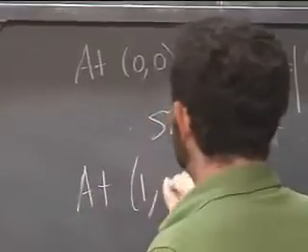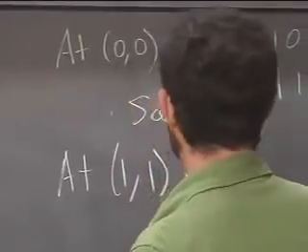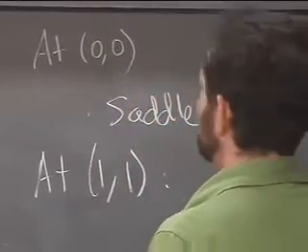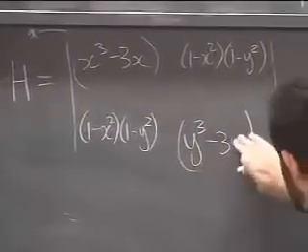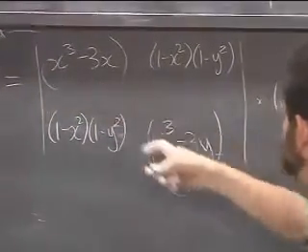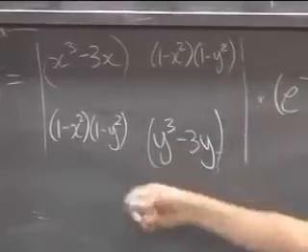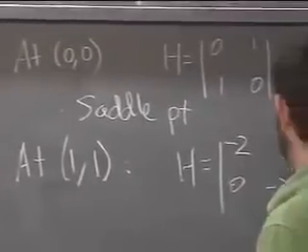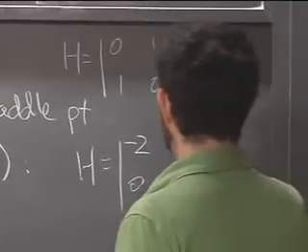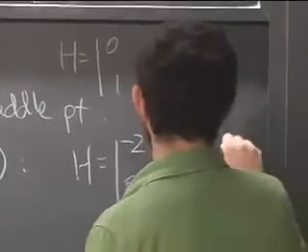Let's just do it at 1, 1. The Hessian is, I plug it in, I get minus 2, and also there's a y here, I get minus 2 and minus 2, and these are both 0. Then I'll have also times e to the minus 1, as it turns out.